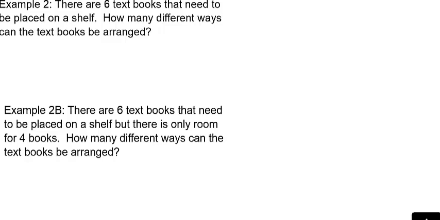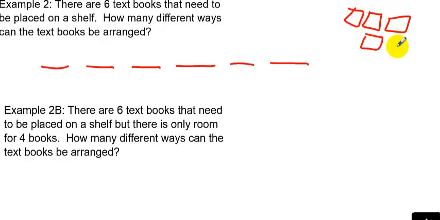Well, so I have 6 placements, and I always like to make a visual for this. This is my shelf, and I have 6 spots. Now, when I'm about to place my very first textbook down, I have a pile of textbooks over here, and I'm going to place one of them in my first spot.